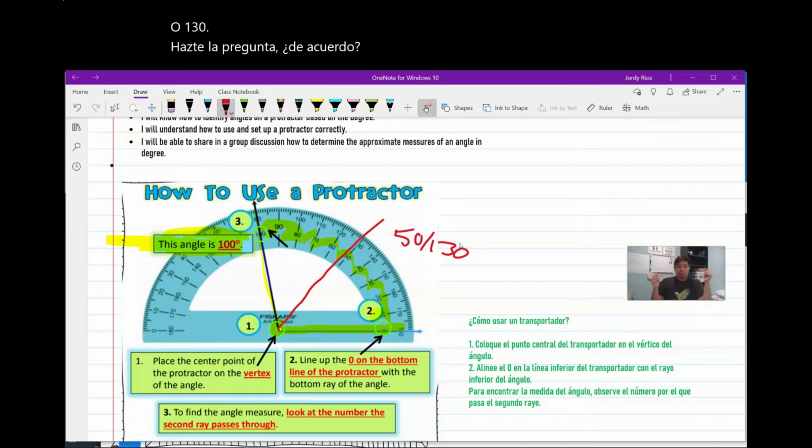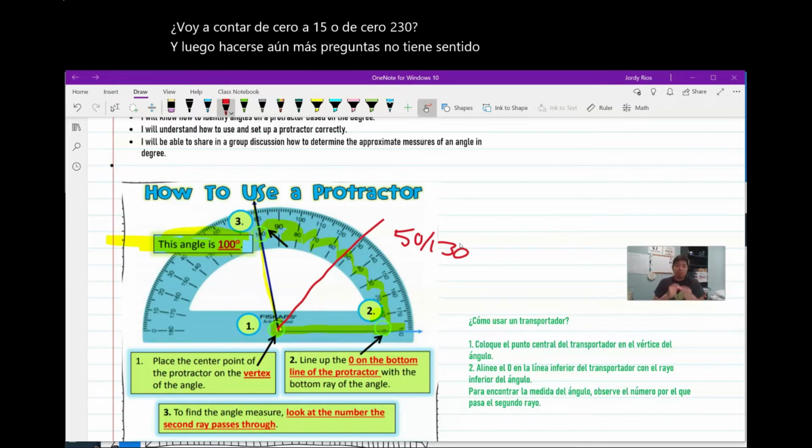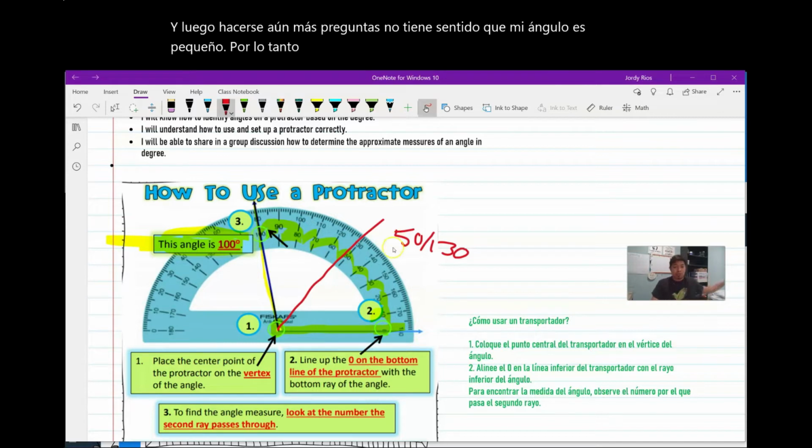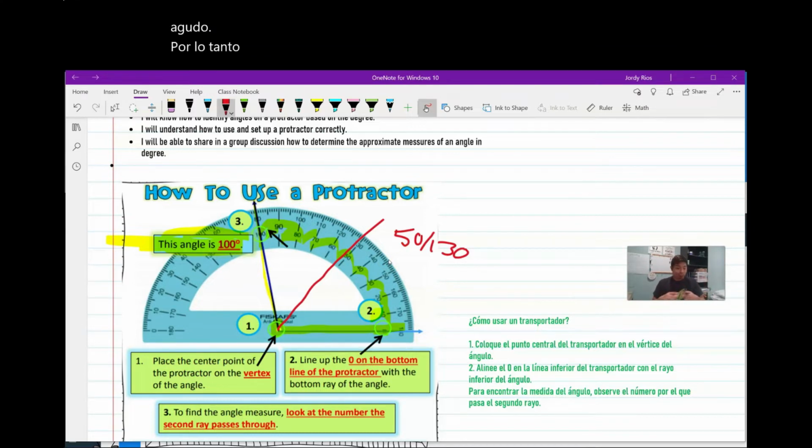Am I gonna count from 0 to 50 or from 0 to 130? And then ask yourself even more questions. Does it make sense that my angle is small, so therefore it's an acute angle?